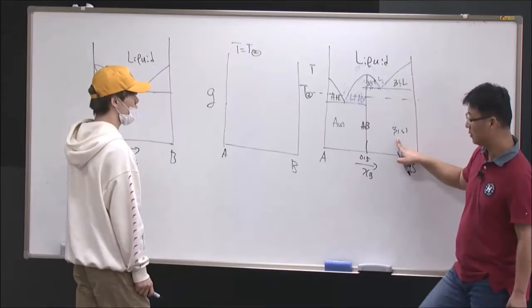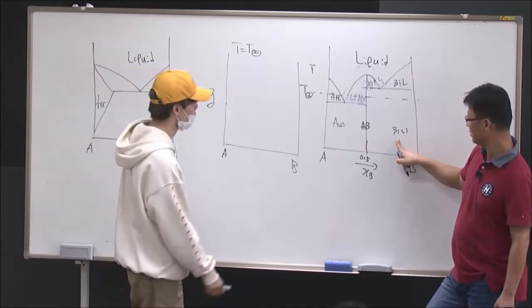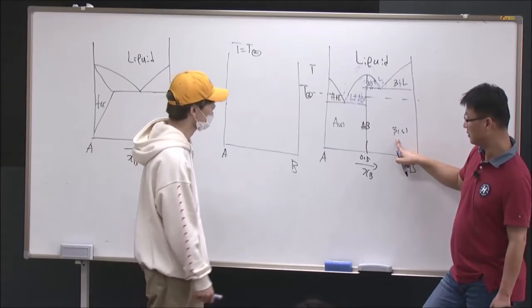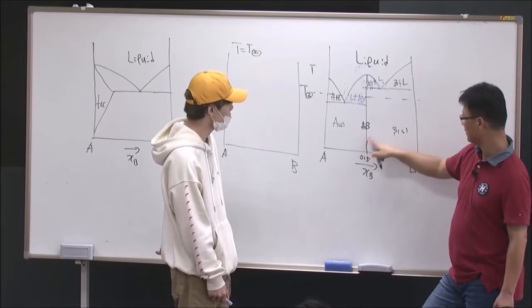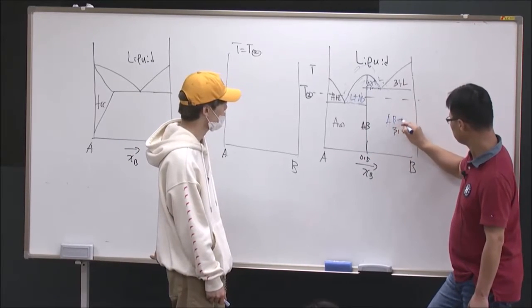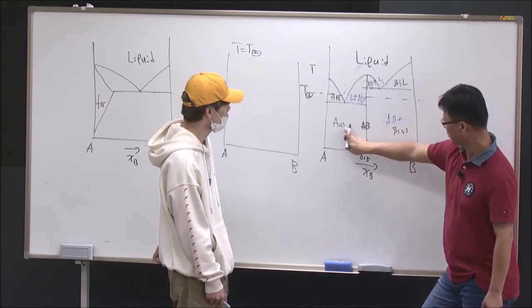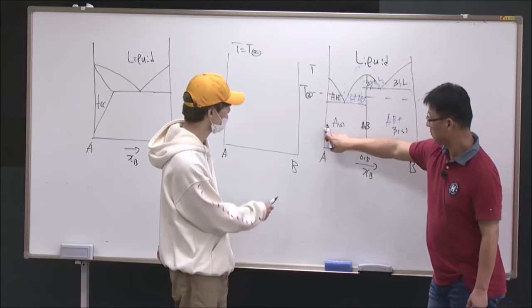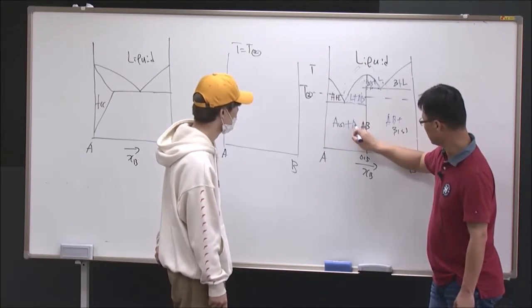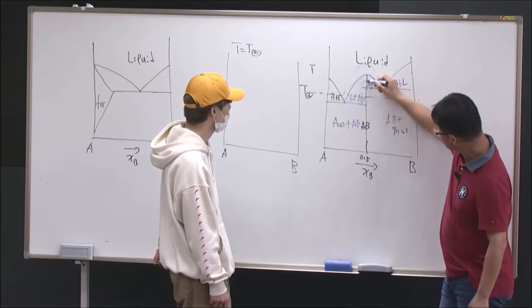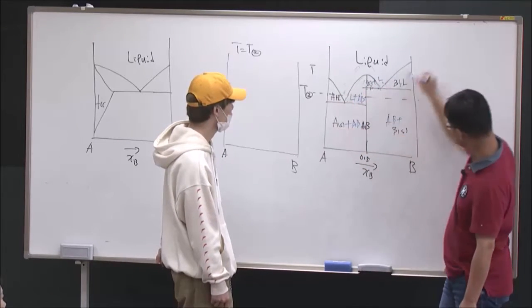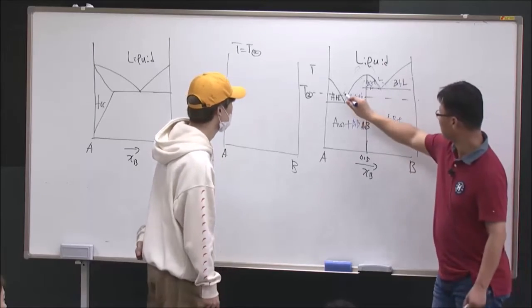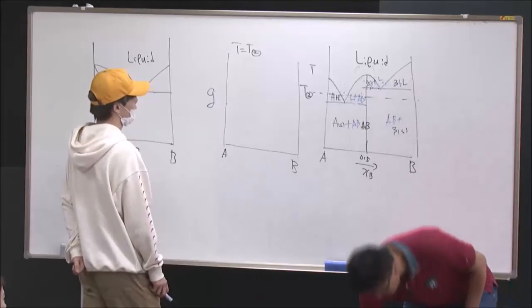And here, B solid, left side AB. B solid plus AB. And this one is single AB, single A, single B. Okay? So, now the diagram.